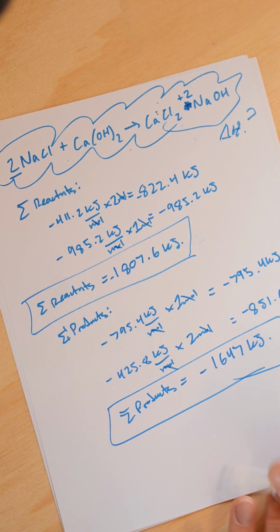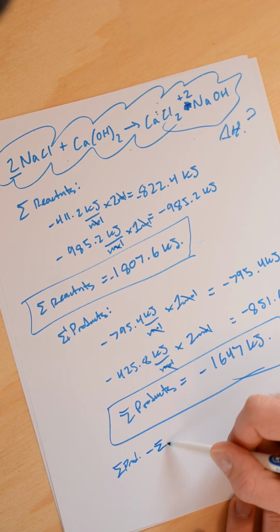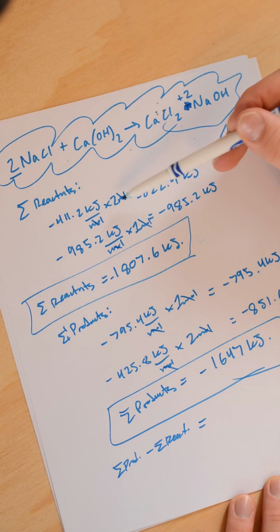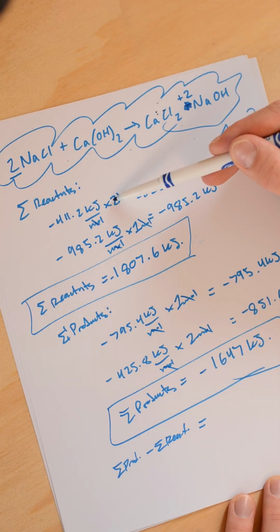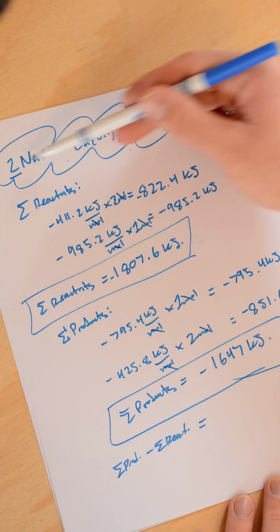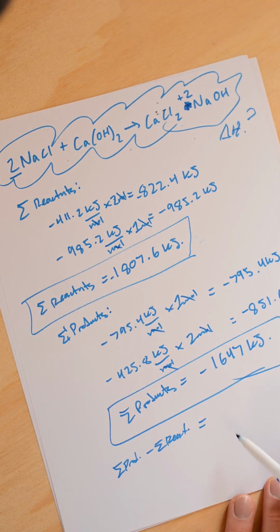So it's quite simple from this final step, right? We said the sum of the products minus the sum of the reactants. Again, the trickiest part here is just remembering that you need it balanced so that you have your correct enthalpies for however many moles were present in this equation. So we have our negative 1647 kilojoules.